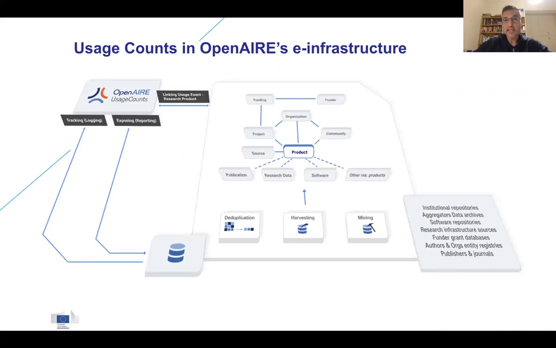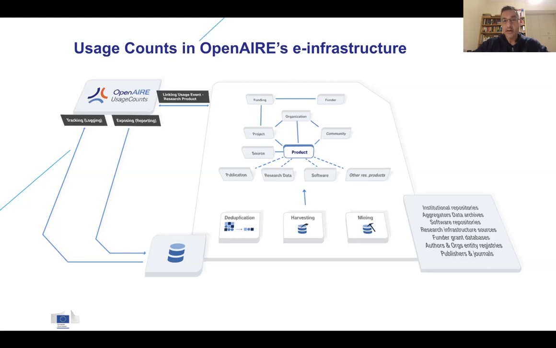Inside the OpenAIRE infrastructure, UsageCounts simply counts the usage of research products of the OpenAIRE Research Graph. The graph is created by collecting information from various providers like institutional repositories, aggregators, data archives, software repositories, and research infrastructures.